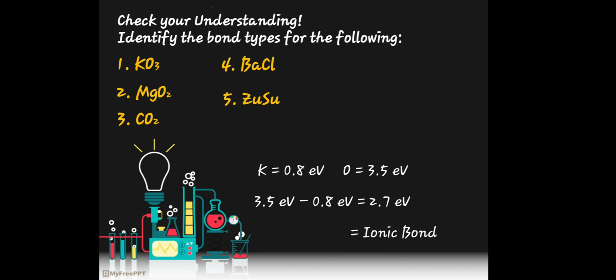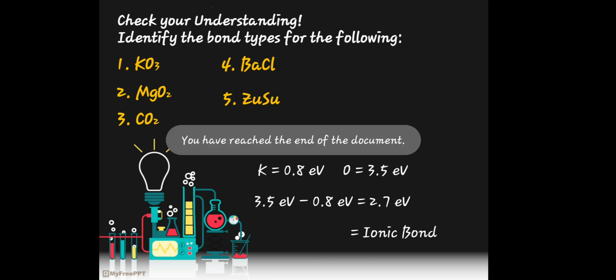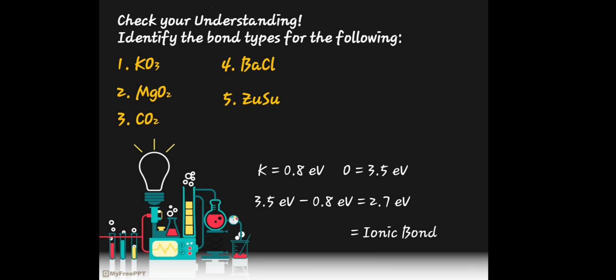We also have BaCl2, barium chloride, and ZnS, zinc sulfide. Okay, so let's try your understanding. I solved number 1. Try to solve numbers 2, 3, 4, 5, and please take a picture of your answer and send it to me. Send it to the GC so that your answers are compiled.